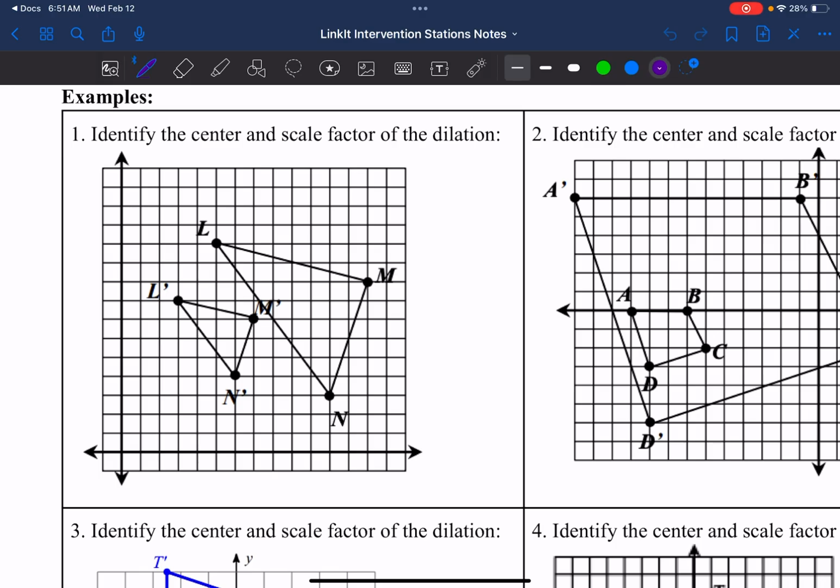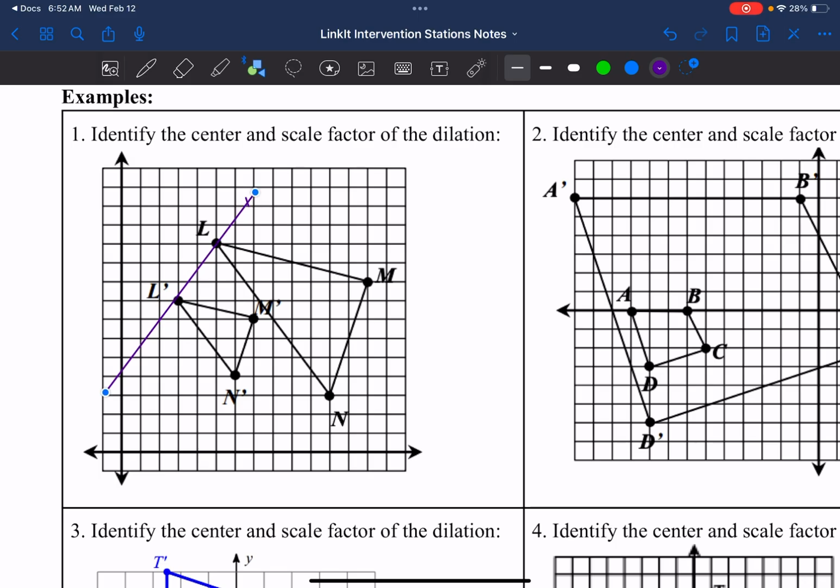We'll start out with the center. In order to find the center, I'm going to draw a line that connects the two corresponding vertices. So let me do L and L prime to start out with. When I draw a line that connects L and L prime, I end up with this line.